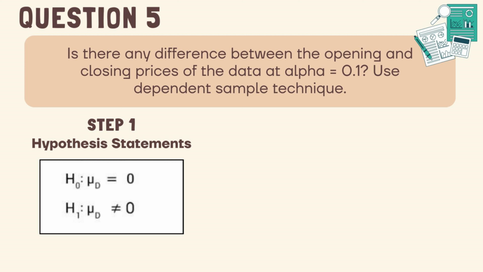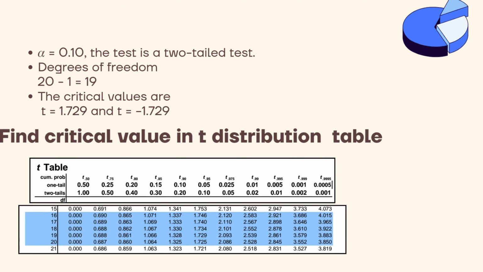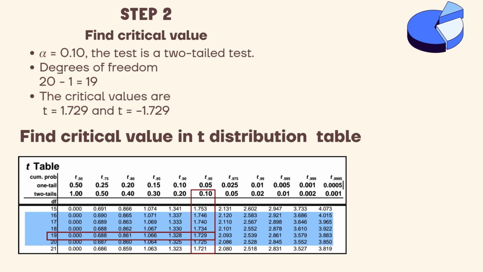Question 5 asks to determine whether there is a significant difference between the opening and closing price at alpha 0.1. For this question, we use the dependent sample t-test. The null hypothesis, mu d equals 0, means there is no difference between the opening and closing price. And for the alternative hypothesis, mu d not equal to 0 states that there is a difference between the opening and closing price. Since alpha equals 0.1, the test is a two-tail test.